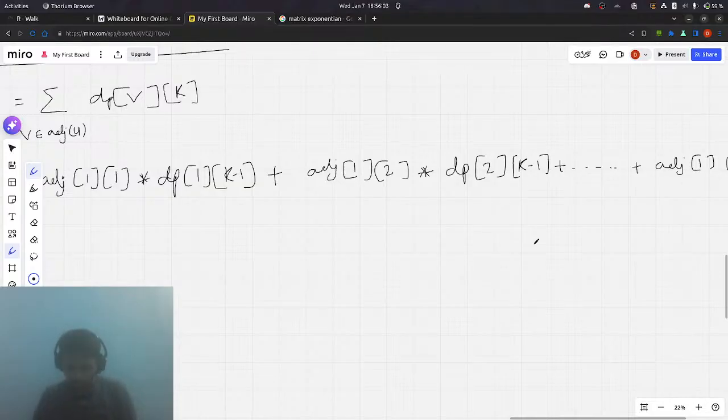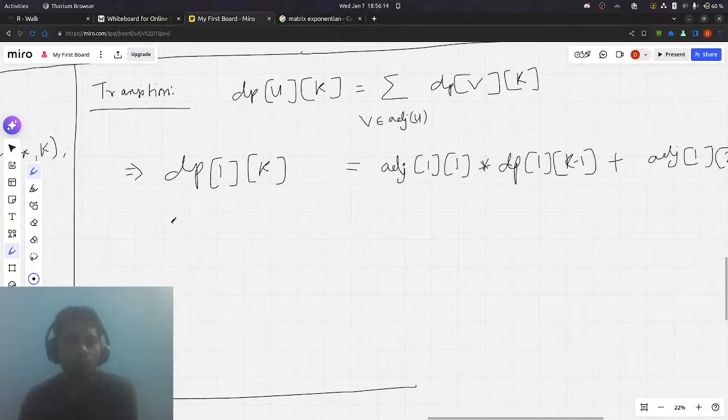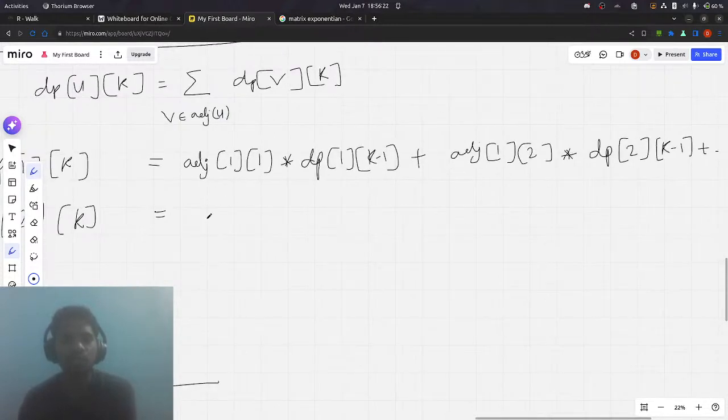And if we want to calculate for dp 2 k, it is the same, just this part will be different.